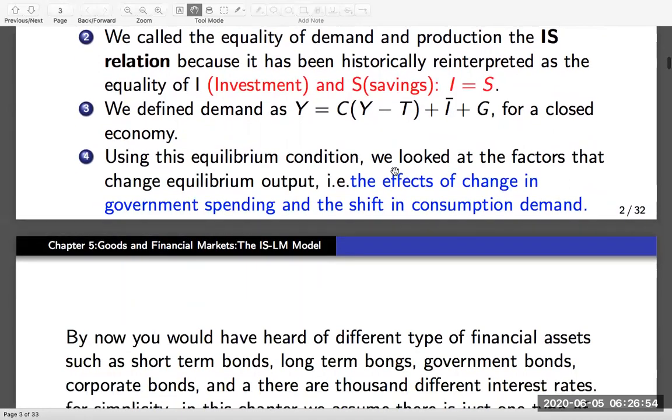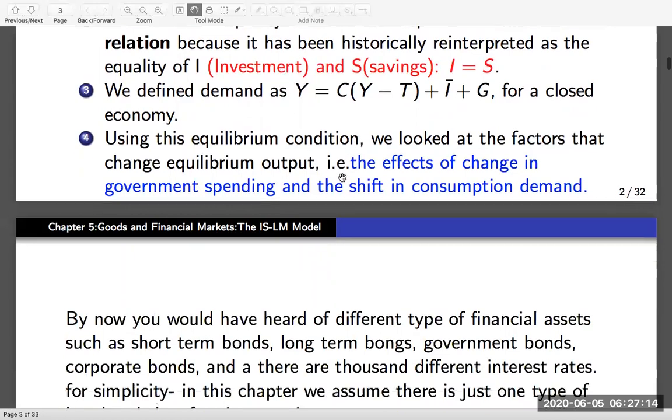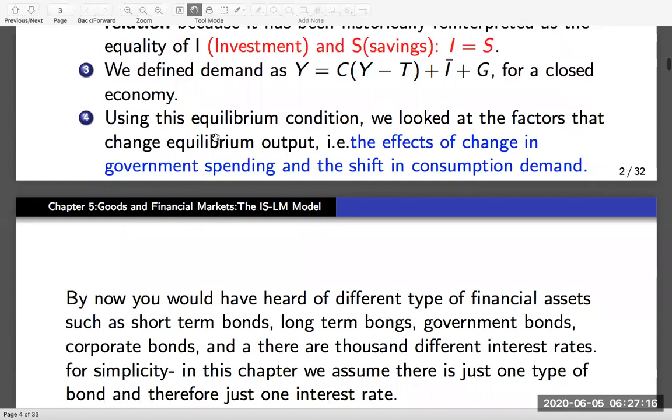Now consumption is endogenous. Why is consumption endogenous? Because consumption is a function of output, and output is a dependent variable. If this is a function of a dependent variable, then it is determined within the model, right? So using this equilibrium condition, we look at the factors that change the equilibrium output, i.e. the effect of a change in government spending and a shift in consumption demand.